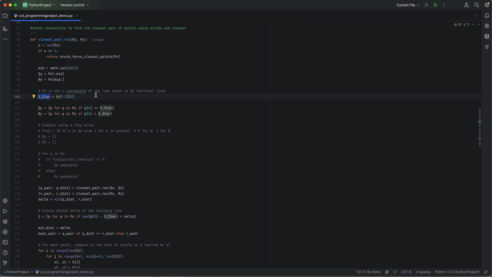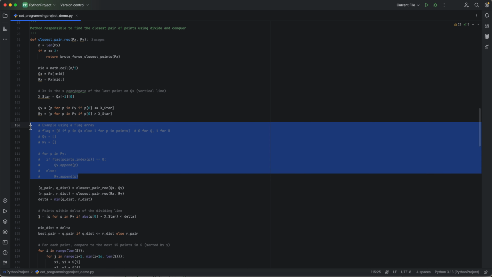With the x star, we are able to construct qy and ry: you get py, take the x coordinate of each point, and compare with the x star. If it's smaller, it's a qy. If it's bigger, it's ry, right? Professor mentioned that we can use a flag array, so I did this code using a flag array as well, but I think this is way slower.